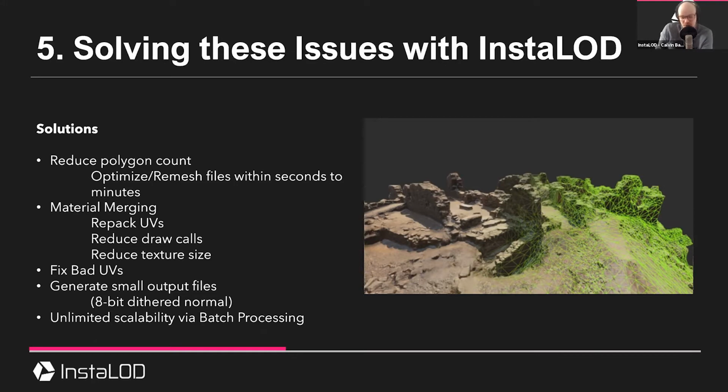So the polygons aren't really impacting the file size that much. They're just going to be a few kilobytes to a few megabytes, depending on how many polygons you're working with. But what is really pumping up that file size to be 100, 200 megabytes is typically the textures. And that is where having these 8-bit dithered normal maps really helps to reduce it and keep it within 10, 50 megabytes, whatever you need it to be.